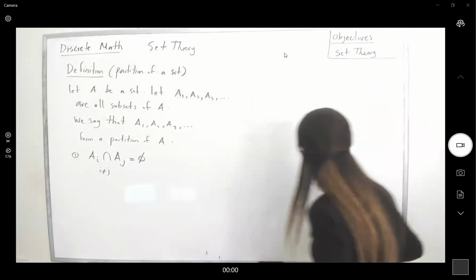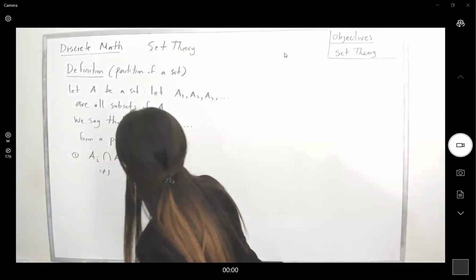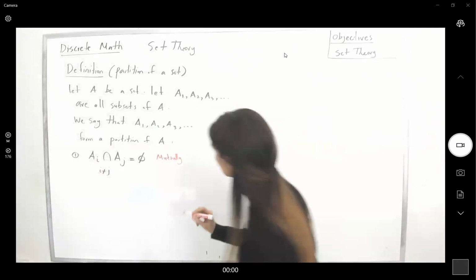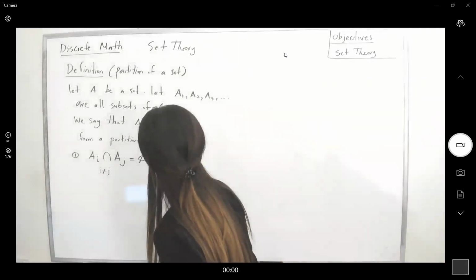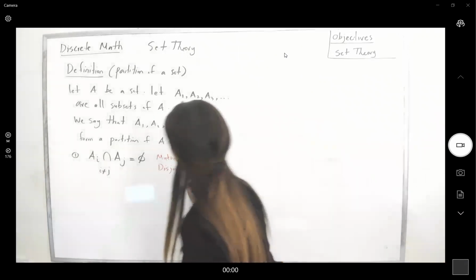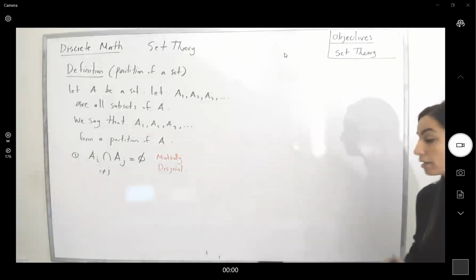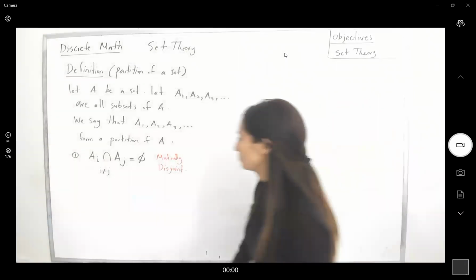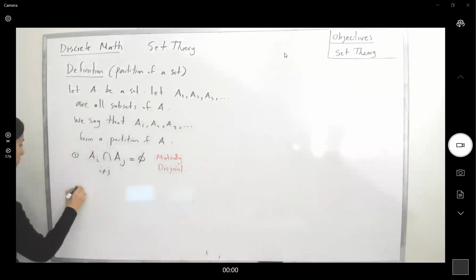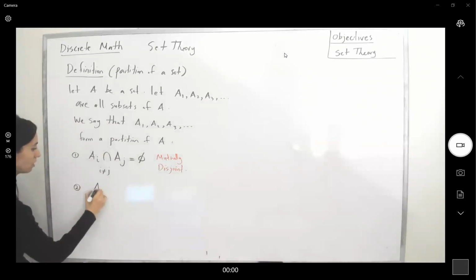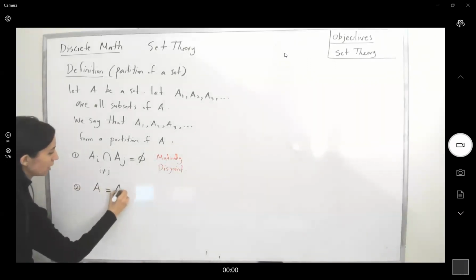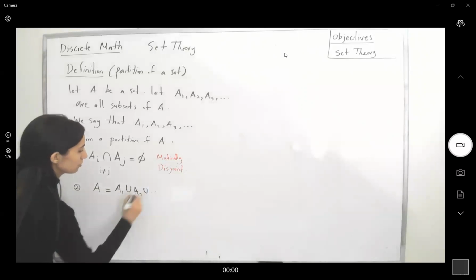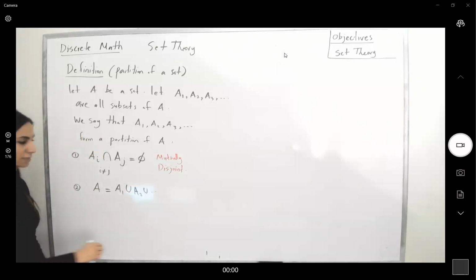Mutually disjoint. Second, if you take their union, the union is equal to set A. A is equal to A1 union A2 union the rest of the sets.